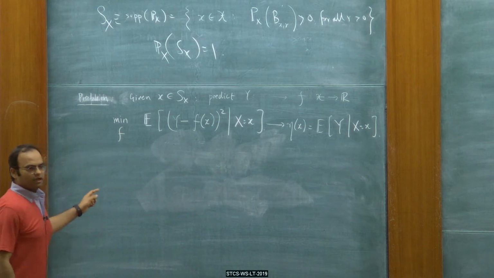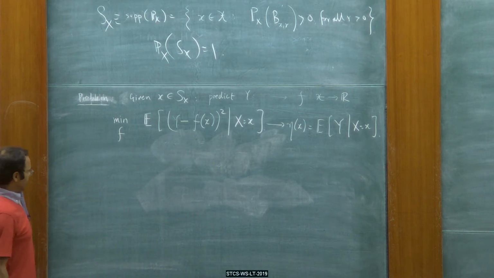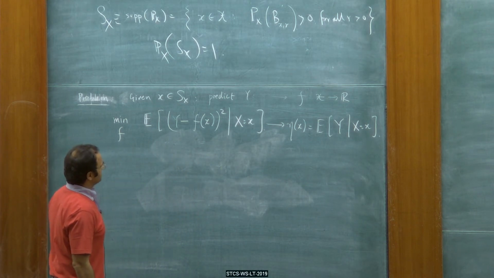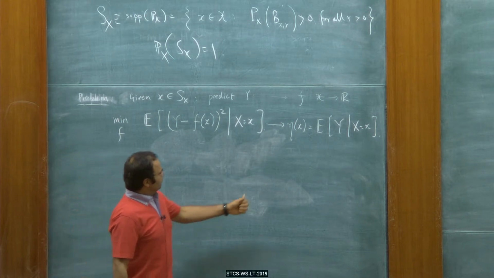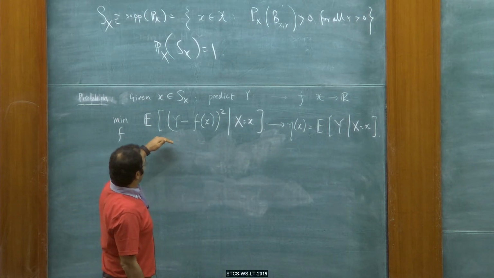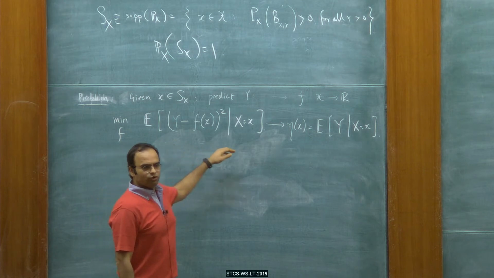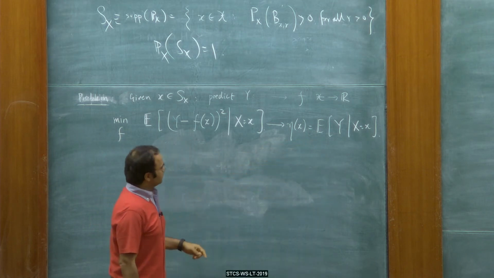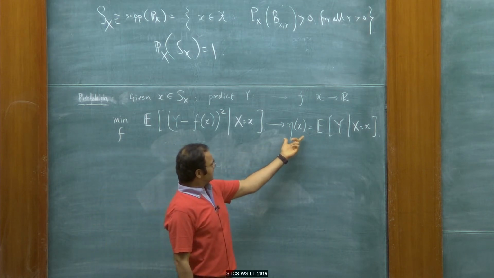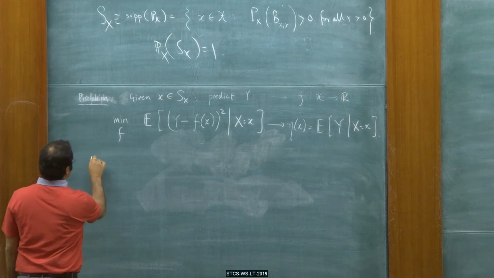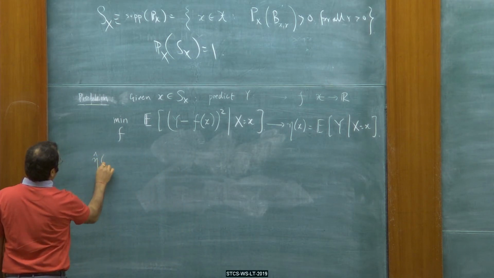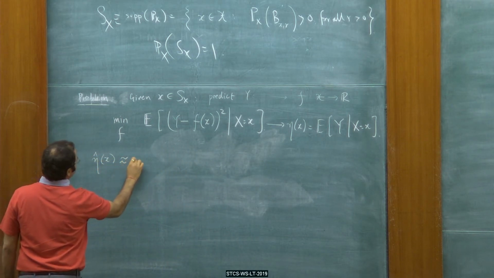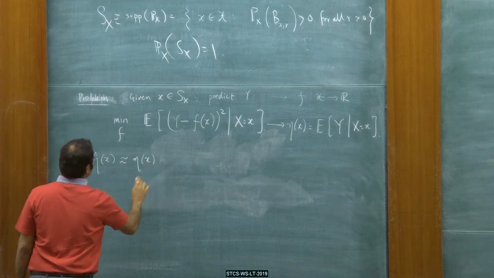If you have not seen this, it would be a useful exercise, but I doubt anybody has not seen it. So if we go for minimizing squared error, then we go for conditional expectation. That means the goal is to find eta hat of x such that eta hat of x is approximately equal to eta of x.